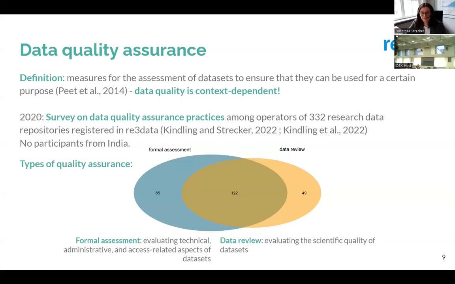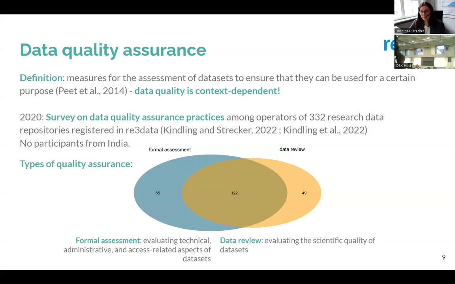So in 2020, at the project re3data COREF, we conducted a survey among operators of research data repositories that were indexed in re3data. And this research is related to the dissertation of my colleague Maxi Kindling, and we have published an article on that research and the research data as well.